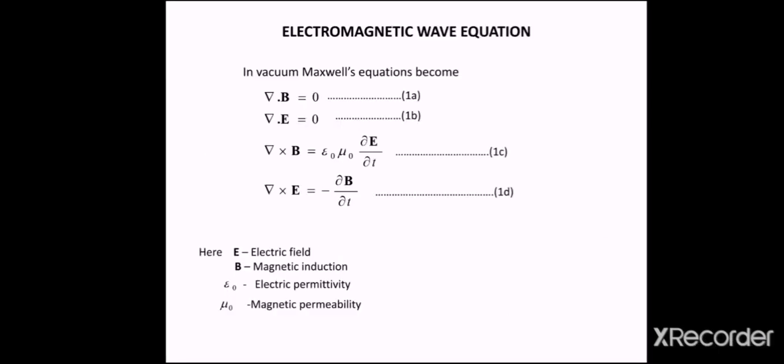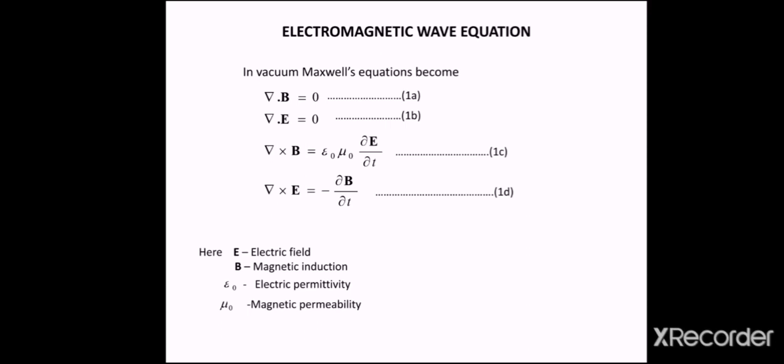Next topic is the derivation of the electromagnetic wave equation. We are already familiar with Maxwell's equations. The following equations are Maxwell's equations in vacuum. In vacuum or free space, current density J, rho and sigma will be 0.